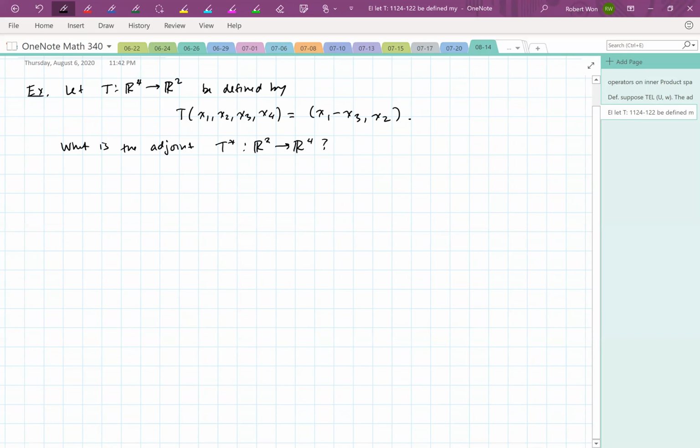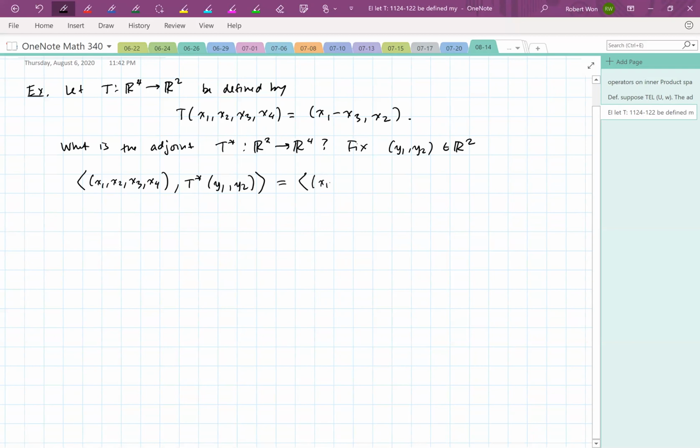Okay, well, let's fix a point y1, y2 in R2. I'm trying to figure out what T star does to this point in R2. But the definition of the adjoint says that the inner product of V with T star of W should equal the inner product of T of V with W. What is T of V?